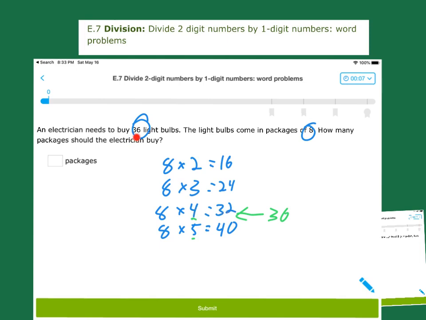He needs 36 light bulbs. So how many packages does he need to buy? Well, he's going to have to buy 5 packages to have 36 light bulbs. Now, he'll have 4 extra light bulbs. He's going to have some left over. But it's only giving us the option to buy them in packs, and if he needs to buy 36, he's going to have to buy 5 of them. So 5 would be your correct answer.